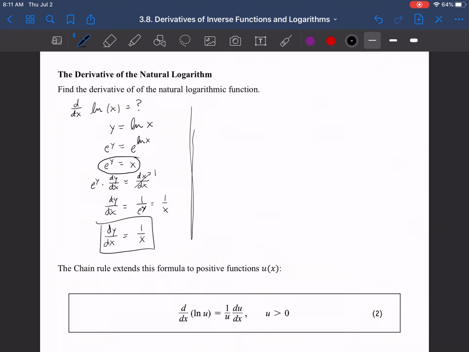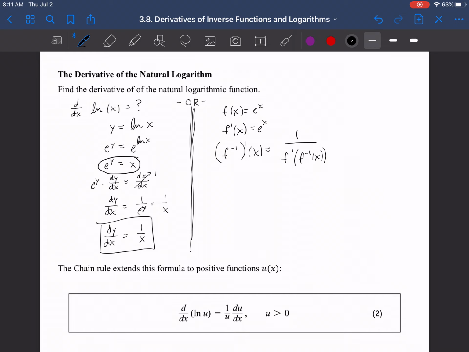What we could have done instead was say f of x equals e to the x, and therefore f prime of x equals e to the x, and the inverse function's derivative as a function of x is 1 over f prime of f inverse of x, right?